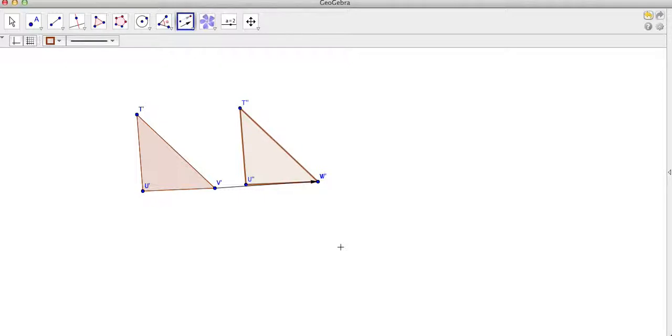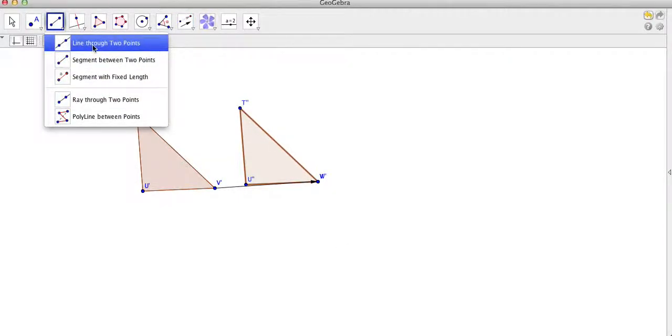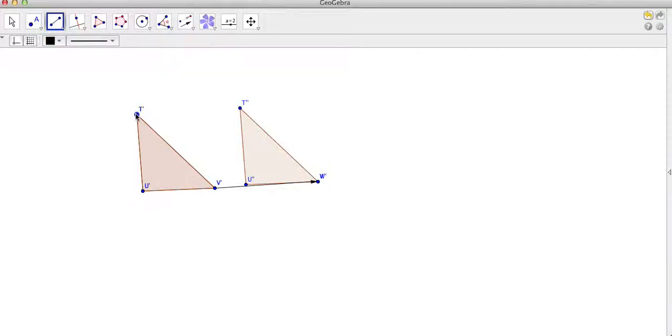So, the distance between an original point and its image is the same distance as the vector, and this can be shown here. Distance from T to T prime. And all the distances are the same.